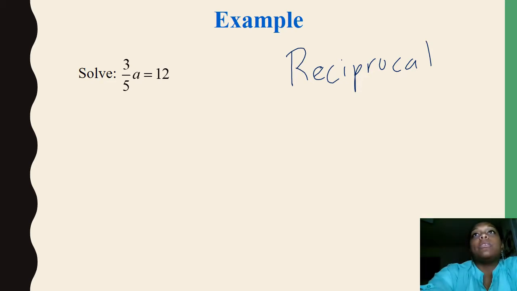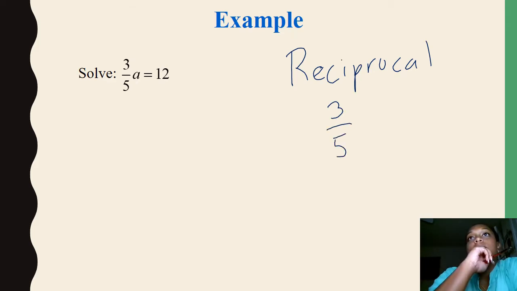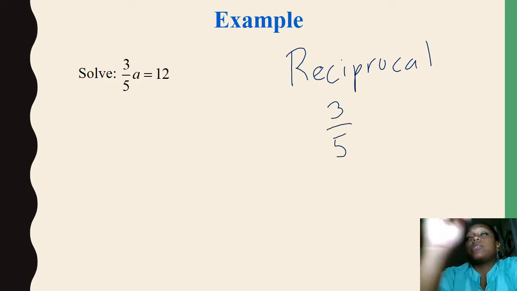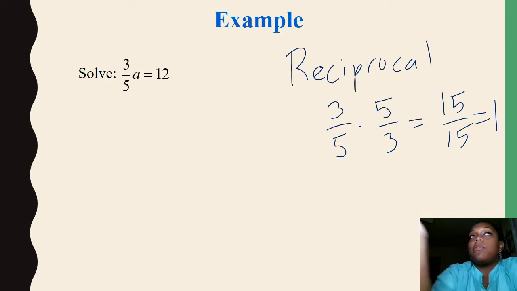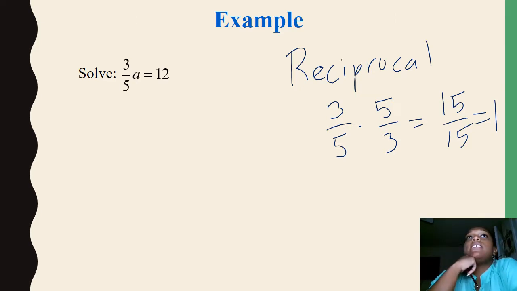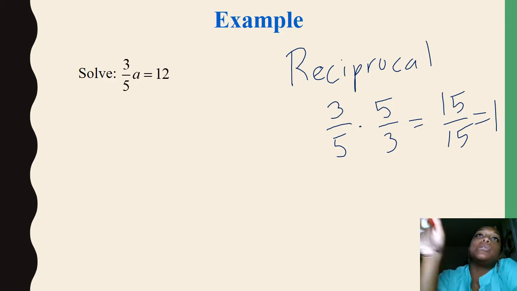So for example, our problem has 3/5, right? And so the reciprocal of 3/5 would be 5/3. And what happens is when I multiply these two together, I'm going to get 15 divided by 15, and anything divided by itself is 1. So that is our purpose of reciprocal, is to help us get to 1.